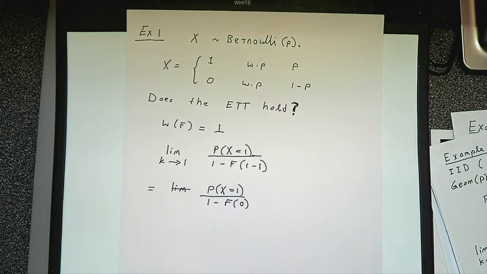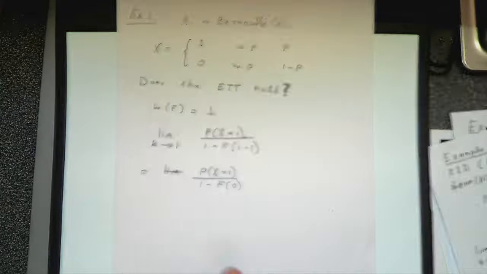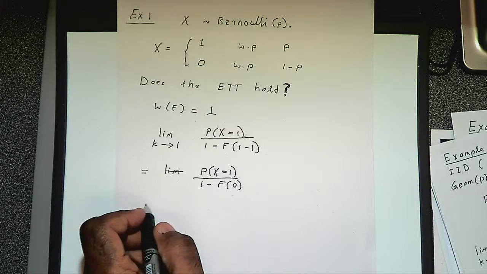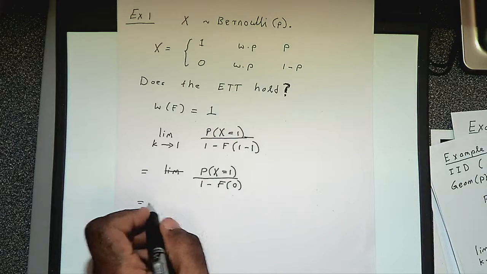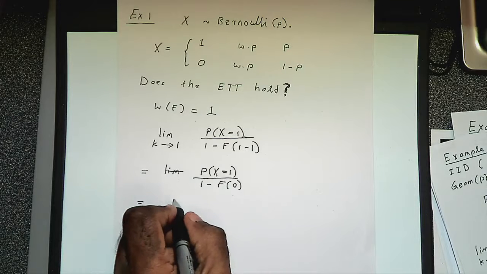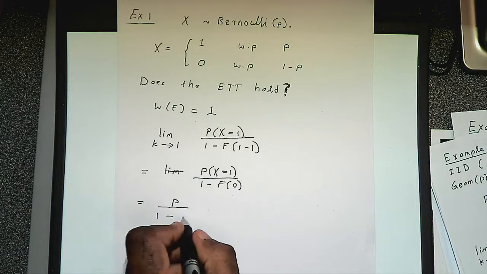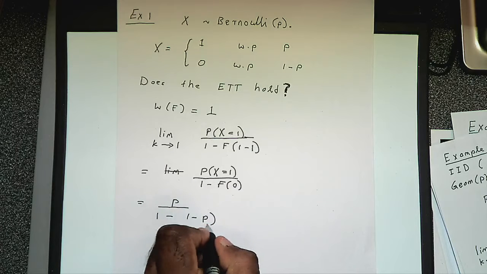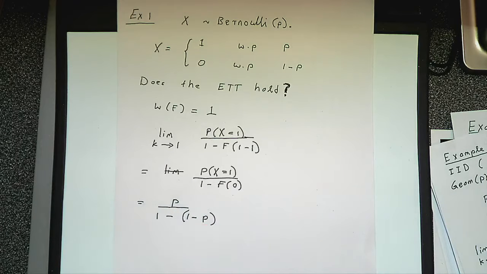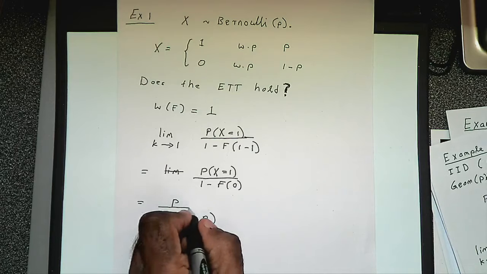And the probability X equal to 1 is p, and F at 0 is 1 minus p. Okay.